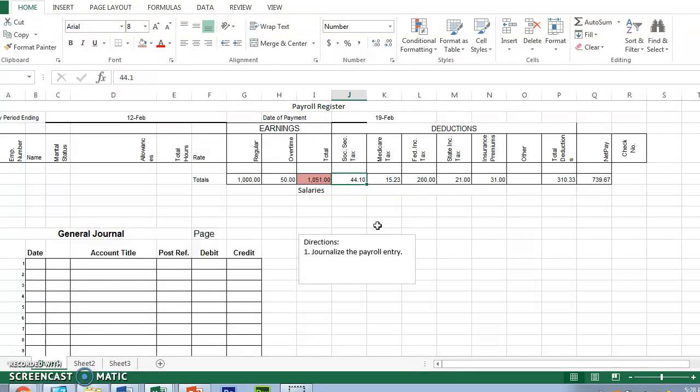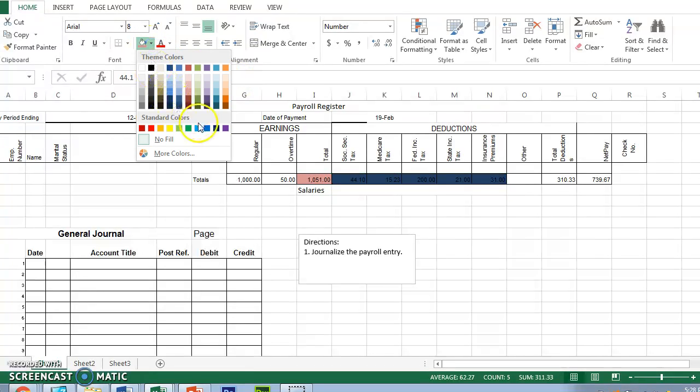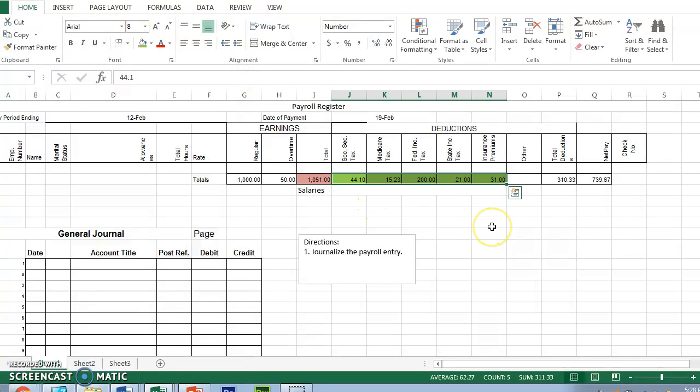The next numbers, Social Security, Medicare, federal, state, and insurance premium, those are all your deductions. Now, you took those out of your employees' paychecks. You can't keep those. You have to actually pay those to the appropriate government agency.